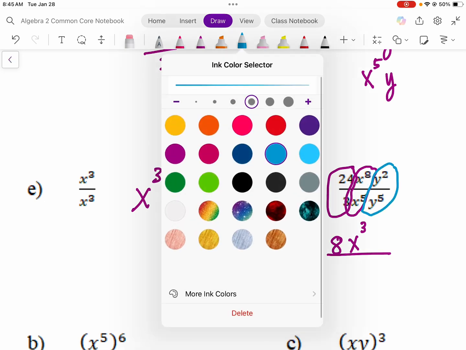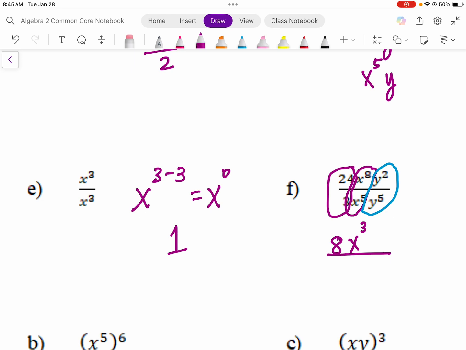Well, I'm going to call that y to the 3rd, because 5 minus 2 is 3. But I'm going to put it on the bottom. Oh, sugar. Why did I write 5? Y to the 3rd, because there are more y's on the bottom than there are at the top. So I'm going to have y to the 3rd on the bottom.